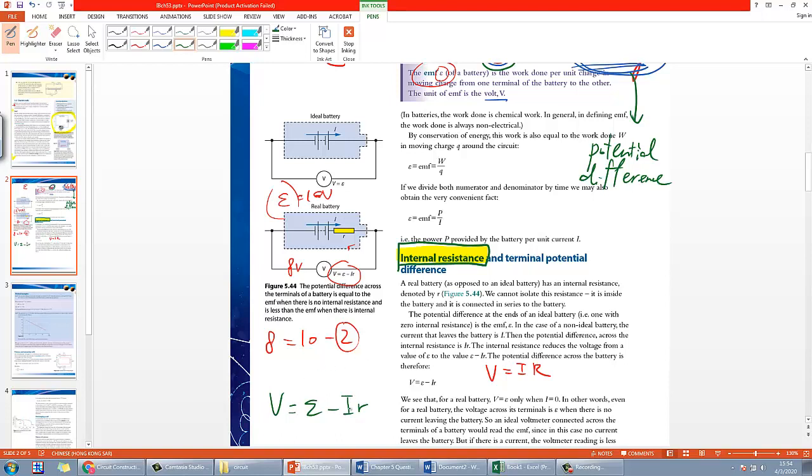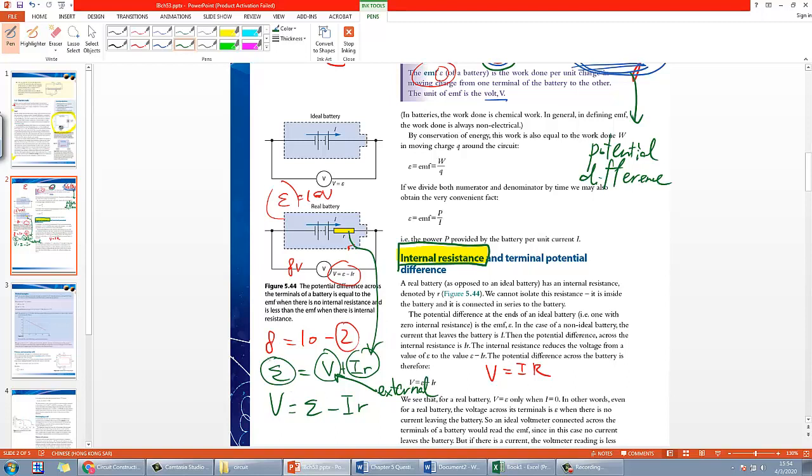You may see some textbooks or websites write it more like this: epsilon naught equals V plus Ir. So this V is the external voltage, the voltage actually used by the external component, while this one is the voltage taken by the internal resistor.